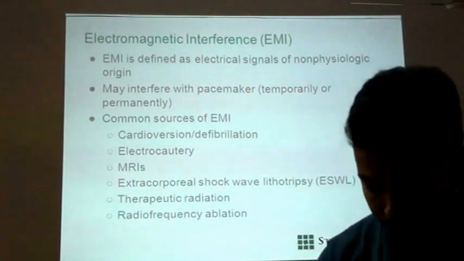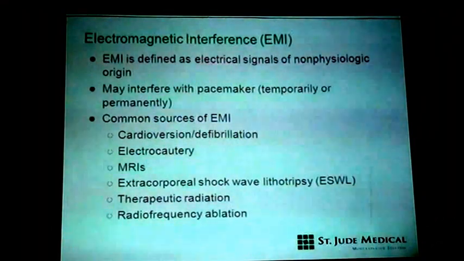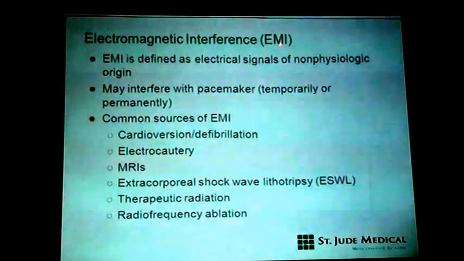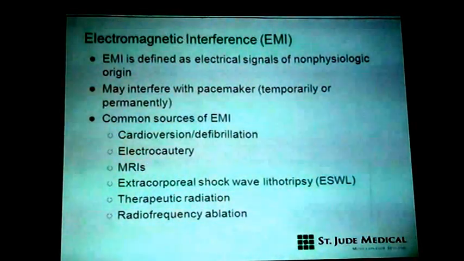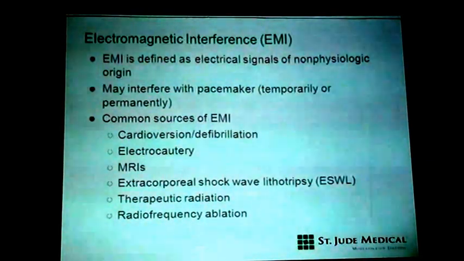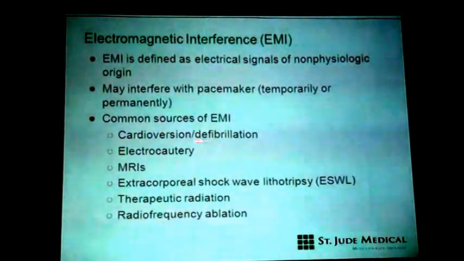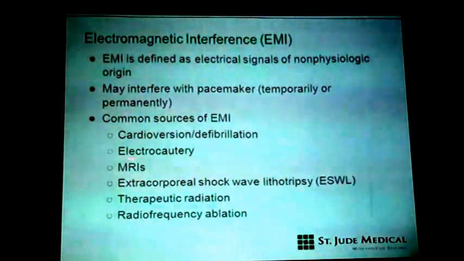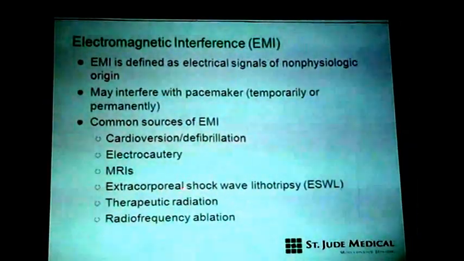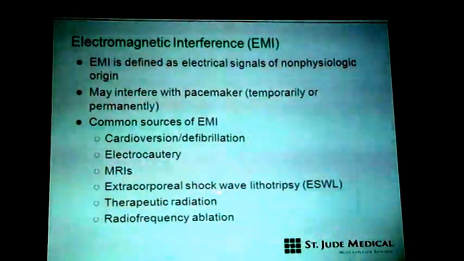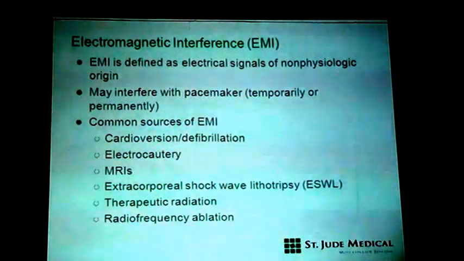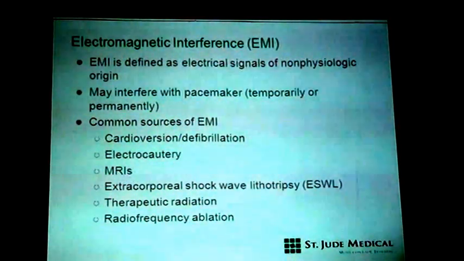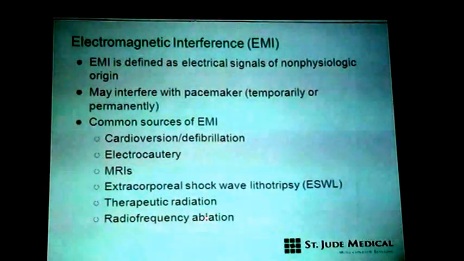Take EMI, electromagnetic interference. A pacemaker is an electrical device susceptible to EMI. Common sources are the defibrillator, electrocautery, MRI, the urosurgeon's ESWL, extracorporeal shock wave lithotripsy, therapeutic radiation for post-chemo and post-cancer surgery patients, and radiofrequency ablation.